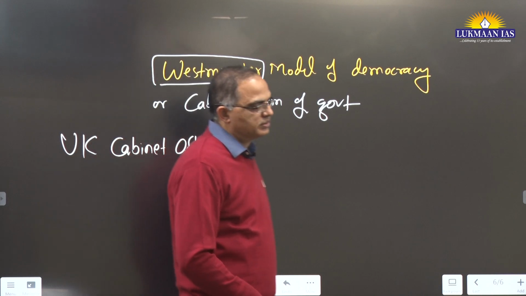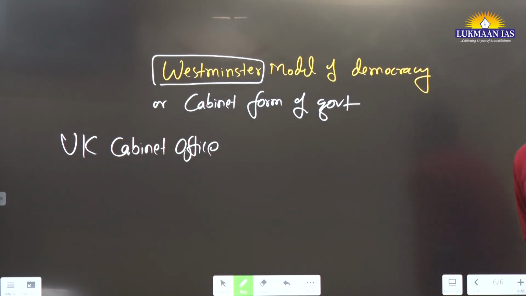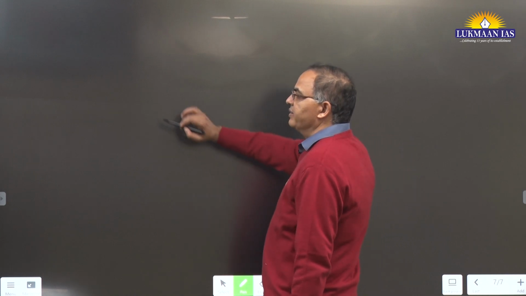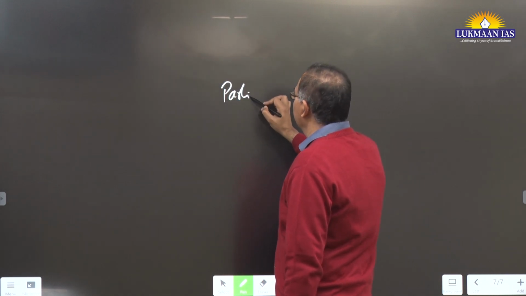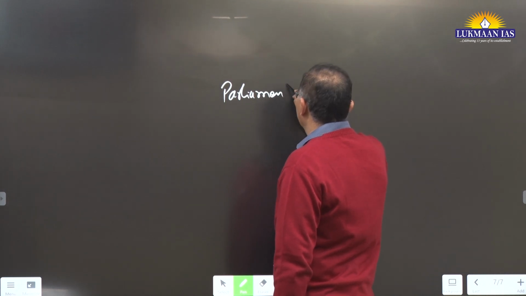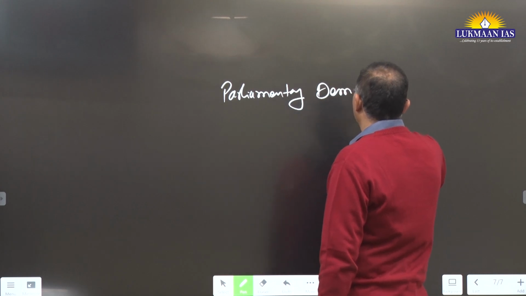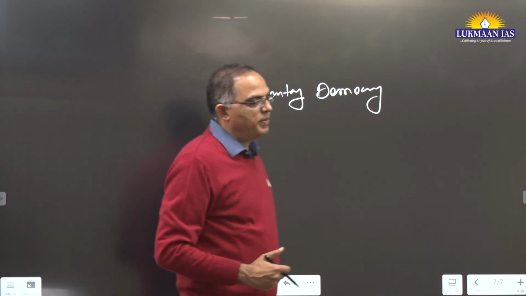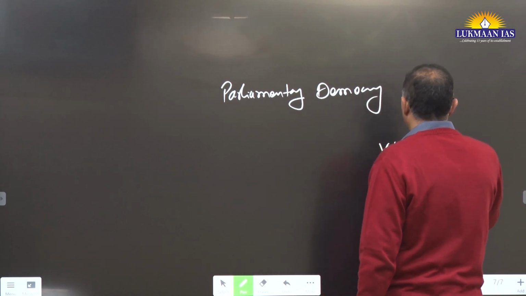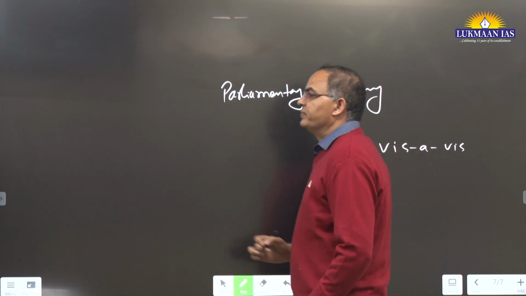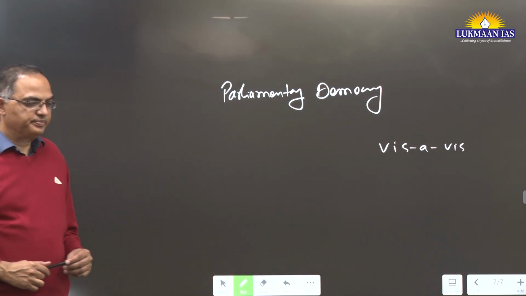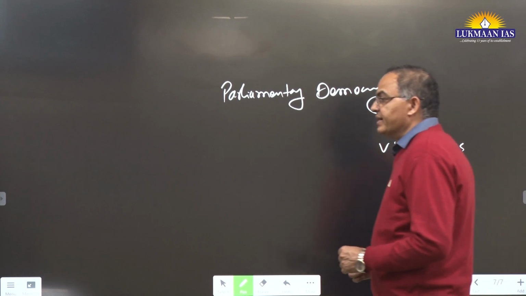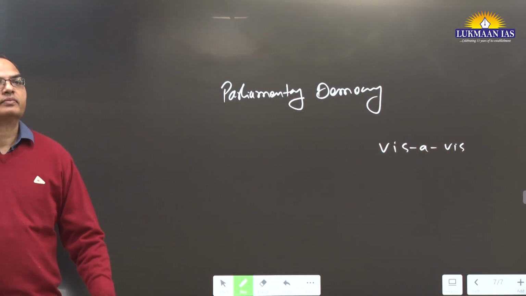Now note, in parliamentary democracy, it is the parliament which is expected to play a dominant role, vis-a-vis the presidential system, in which the president is expected to play the dominant role.